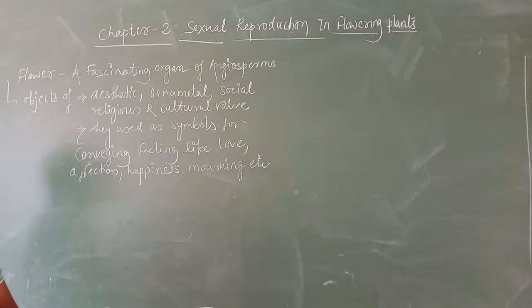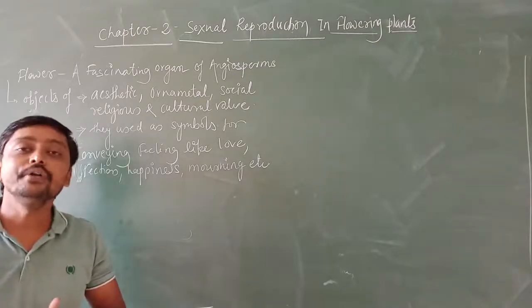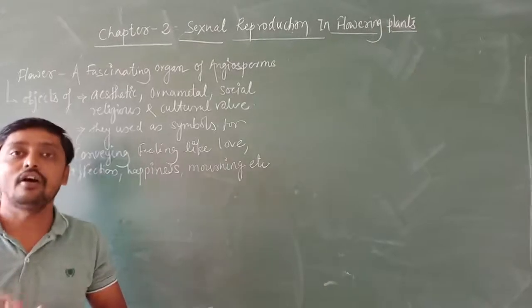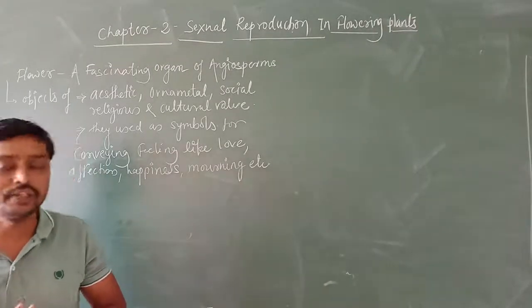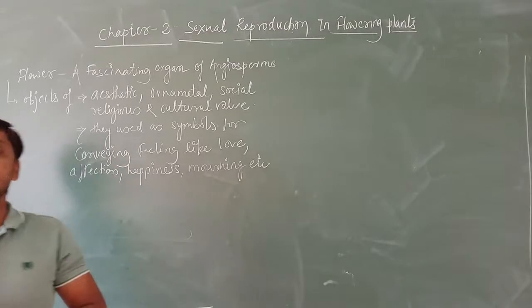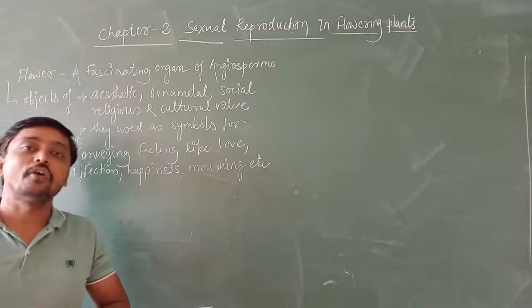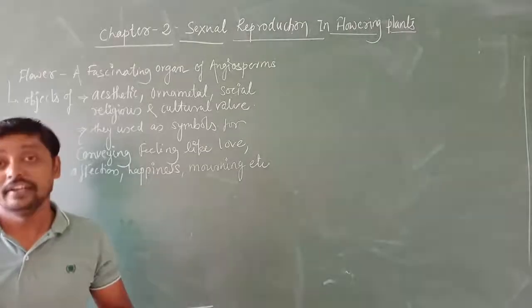That means they form a particular tissue, then a particular organ system, and then a new organism. These are the things we discussed in the previous class on the events of sexual reproduction.